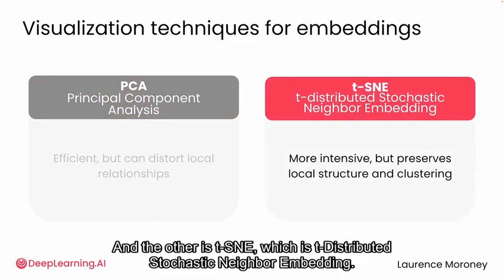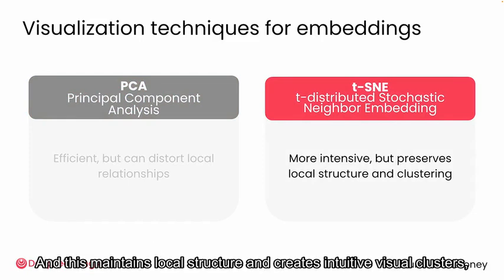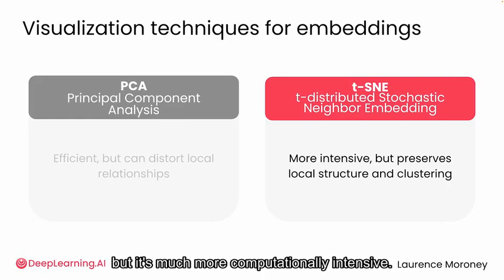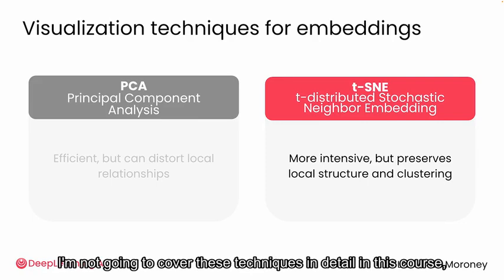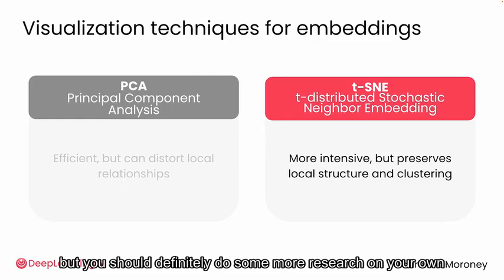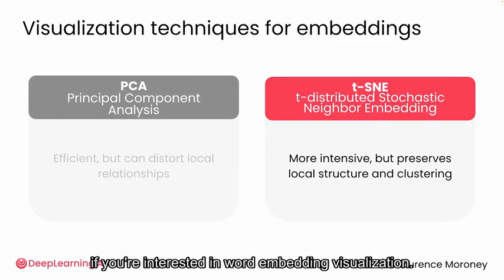And the other is t-SNE, which is t-distributed stochastic neighbor embedding, and this maintains local structure and creates intuitive visual clusters, but it's much more computationally intensive. I'm not going to cover these techniques in detail in this course, but you should definitely do some more research on your own if you're interested in word embedding visualization.